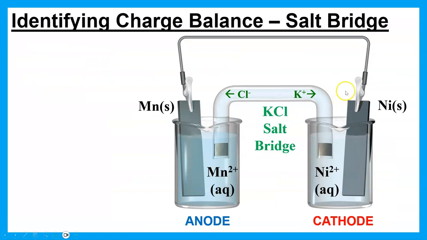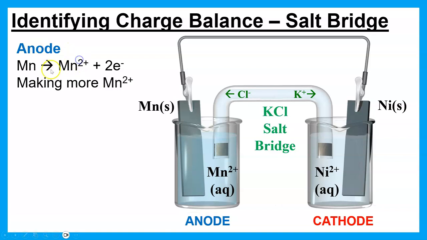All right, now let's get to the salt bridge part. What's the point of a salt bridge? The salt bridge is going to help with the charges that are happening. We want to maintain what we call the charge balance. So we have our anode, metal becoming aqueous ions.